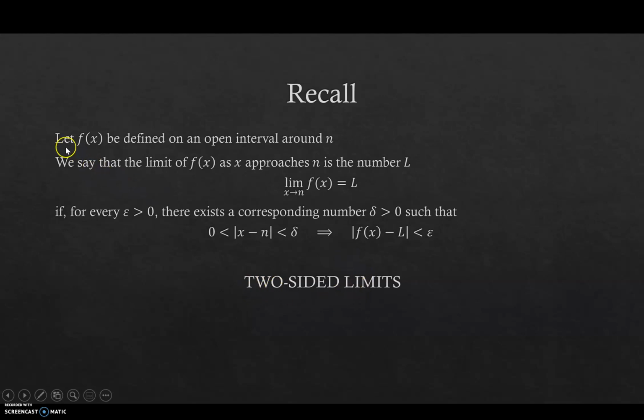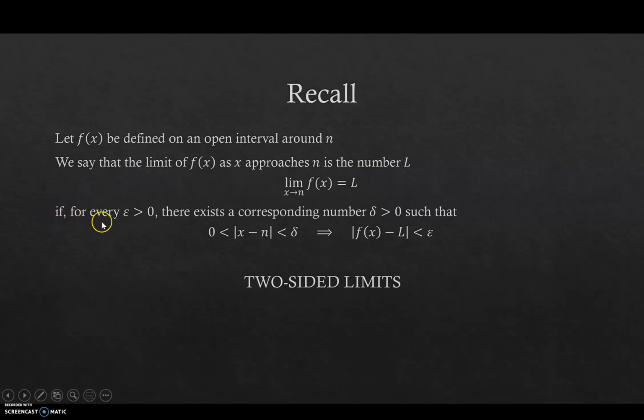So the definition looks like this. Let f of x, our function, be defined on an open interval around n, which is our input value, our x's. We say that the limit of f of x as x approaches n is the number L, our guess for the y value, and we write it like this. This is our notation.